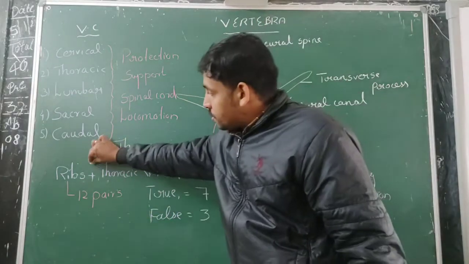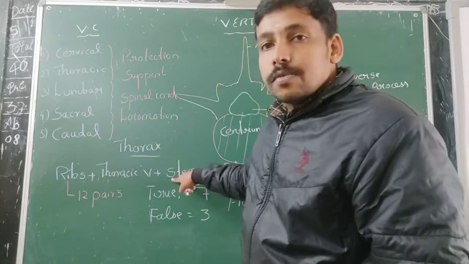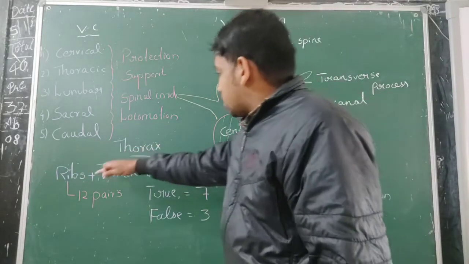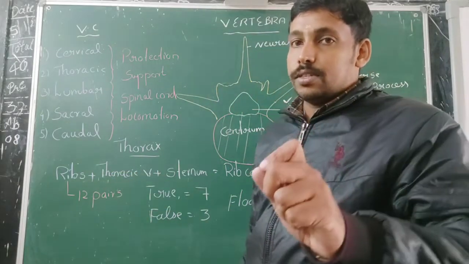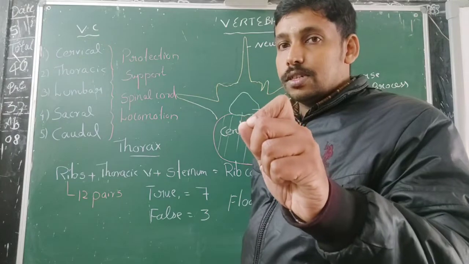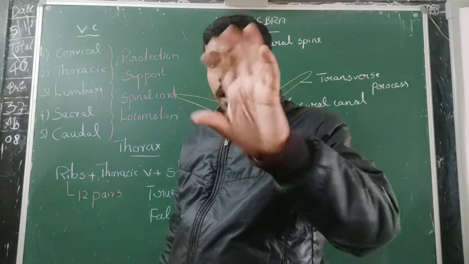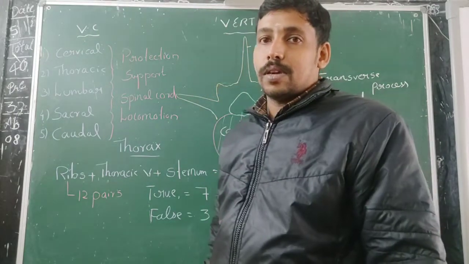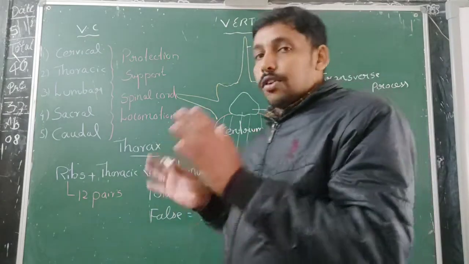So there are ribs, thoracic vertebrae, and sternum. These 3 portions constitute the rib cage. Inside the rib cage, the internal organs such as the lungs and our heart are highly protected. They are very safely protected in this rib cage.